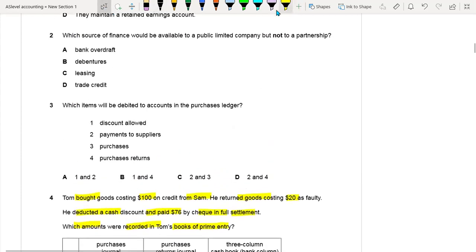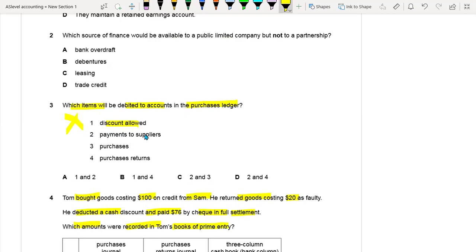Okay, so in question number 3, which items will not be debited to an account in the purchase ledger? Okay, so discount allowed. So we know which items will be debited. This would not be recorded in the purchase ledger. This is not the right option.